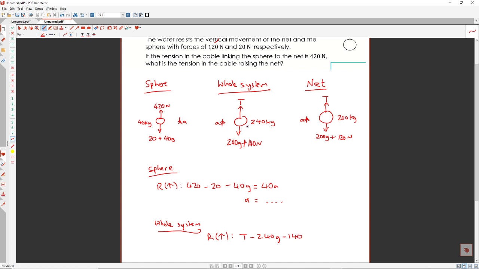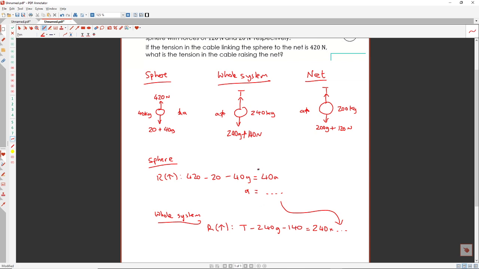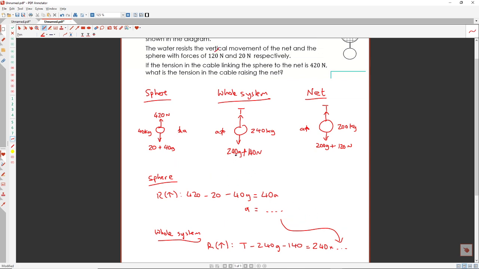So that's the net force in this, and that's going to equal mass times acceleration. So that will be 240 times whatever we got for that part, and then you can rearrange that and solve for T. Okay, so at the end I'll come back and I'll try and fill in the gaps for here just to make sure we've got the right answer out.